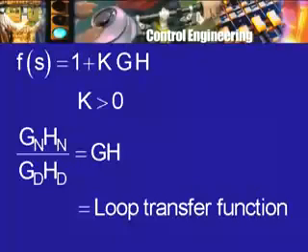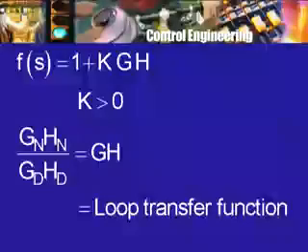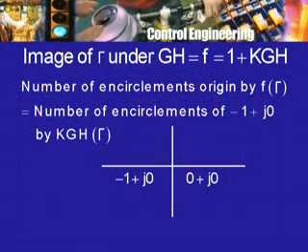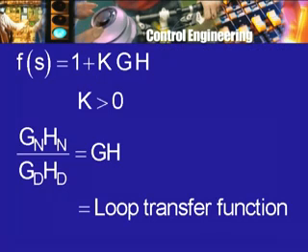So in other words, instead of looking at f, I can look at the image of the contour under gh, under the loop transfer function. So the image of gamma under the loop transfer function gh. The only thing is that I have to keep in mind that there is this 1 and there is this scaling k. We will see how the scale factor k comes in, but what about this 1? That is easy to see: f gamma is obtained by shifting this by 1 to the right.